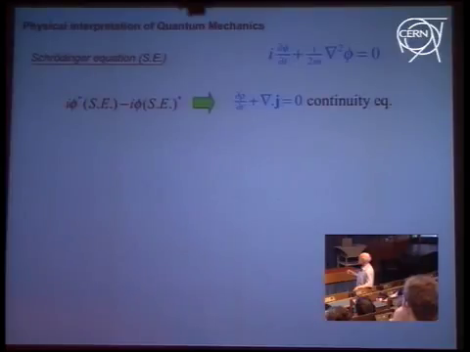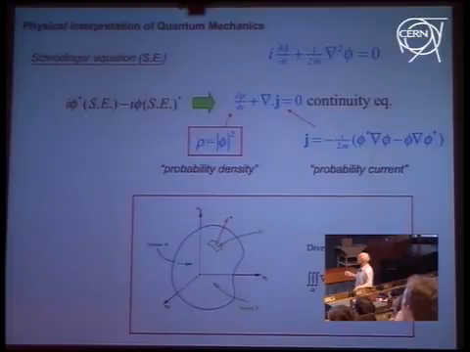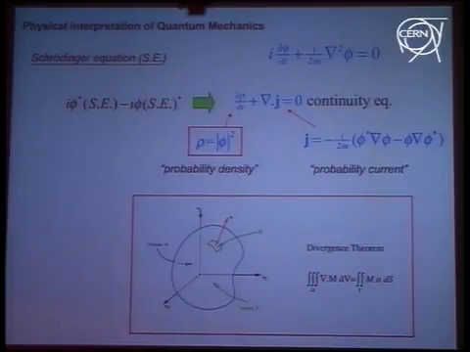be rewritten in the form of what's known as a continuity equation, where rho is the modulus of phi squared, and j is given by phi star del phi minus phi del phi star. This is a continuity equation in the sense that if I integrate it over a volume, then the integral of d rho by dt over that volume tells you the change in rho in a given time in that volume.